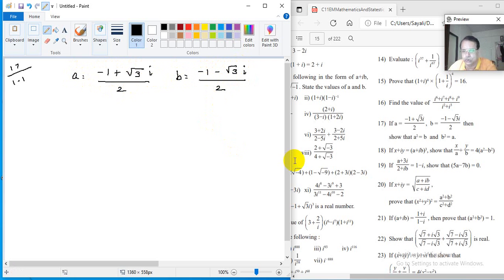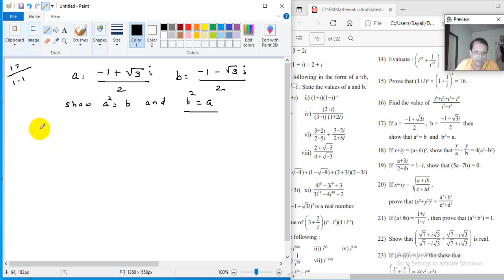And now you have to show a square is b and b square is a. What is the problem? Show that a square is equal to b and b square is equal to a. What I will do is I will just show a square is b, b square is equal to a. I leave this as an exercise to you. Very simple. On the same lines we have to work on that.